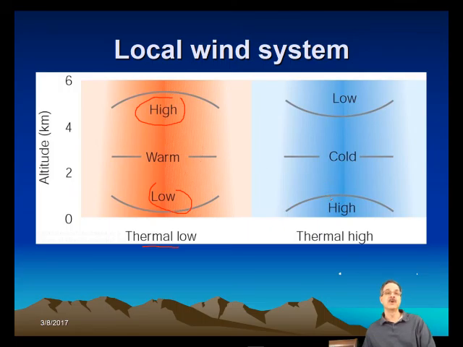If you're over a part of the surface that reflects more of the incoming radiation, it's going to be colder, so we get a thermal high on the surface with colder air, and you get an upper level low above this surface high.